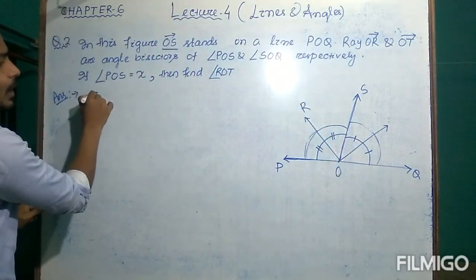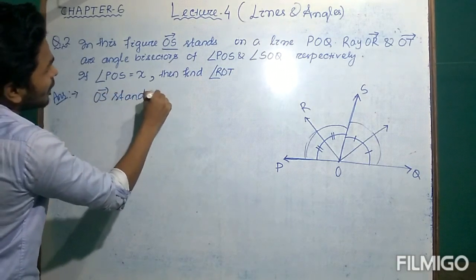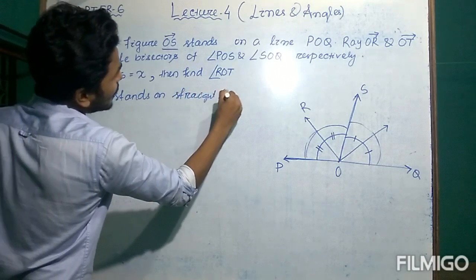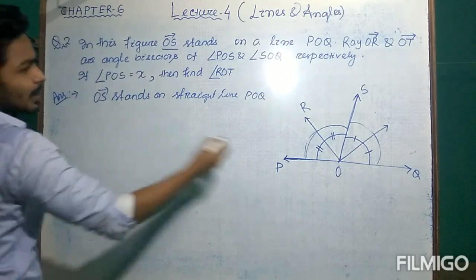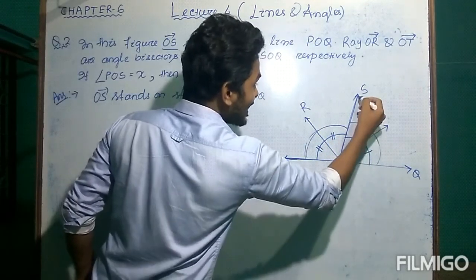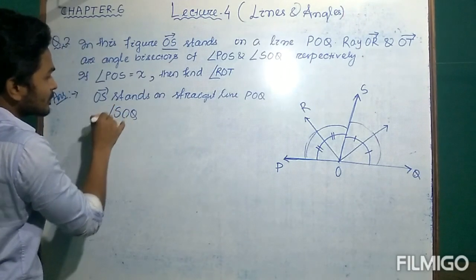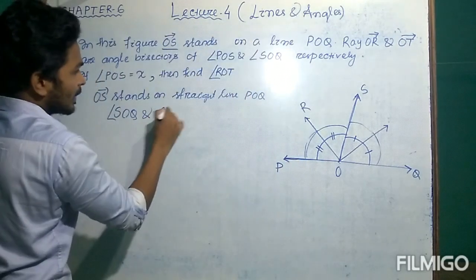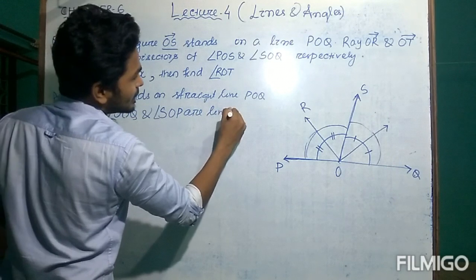So you can write OS stands on straight line PQ or POQ, right? So these two angles, which angle? SOQ and which angle? SOP are linear pair angles.